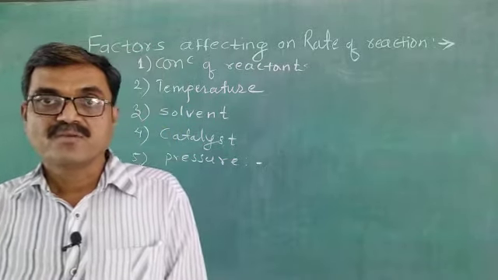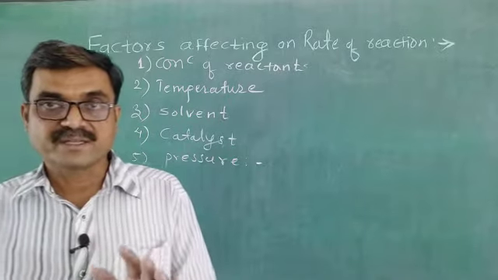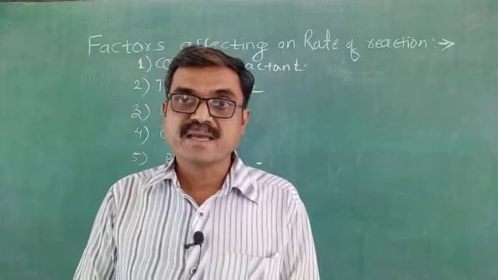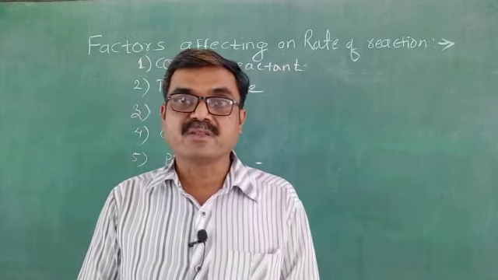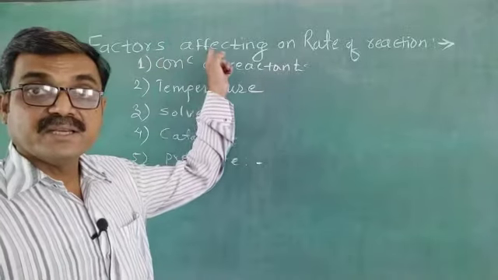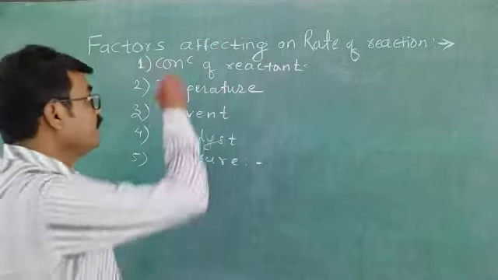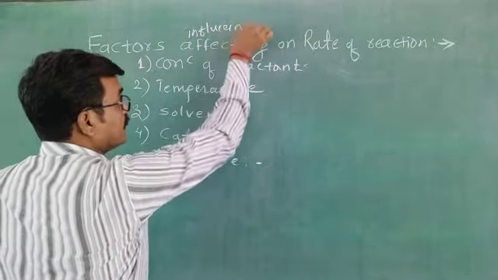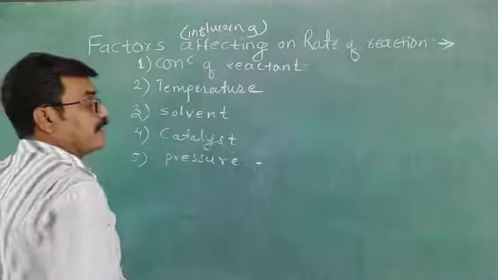Now these are 5 very important factors affecting the rate of reaction. A question may be asked: explain the factors affecting the rate of reaction, or explain the factors influencing the rate of reaction.